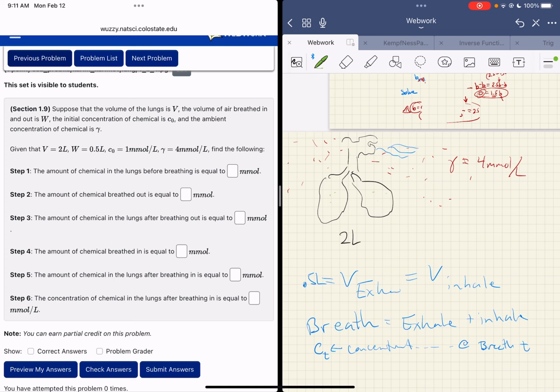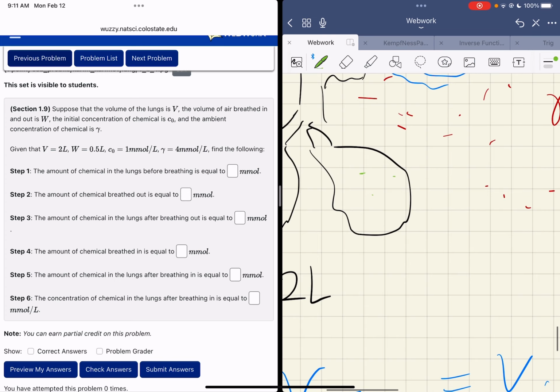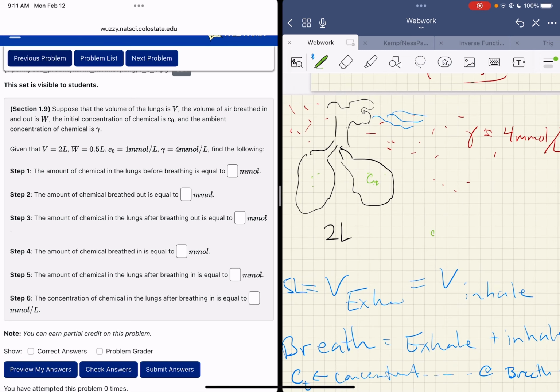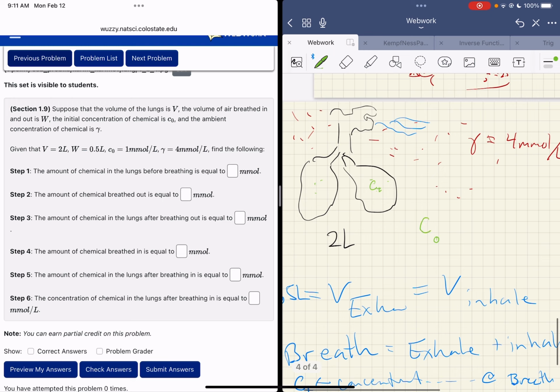Maybe you're just outside and then you walk inside. The concentration in the lungs is called C sub T. When you first walk in the room and you've taken 0 breaths, the concentration is called C sub 0, and for this problem it is 1 millimole per liter.